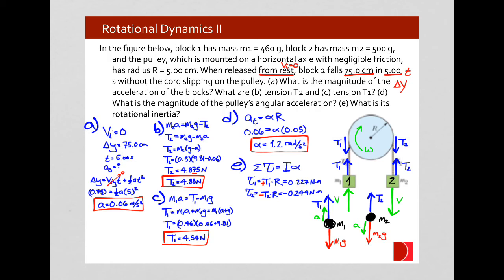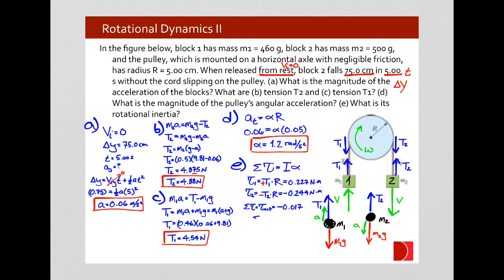Then the net torque will be the sum of these two torques, and we see that we have a net torque of negative 0.017 Newton meters.